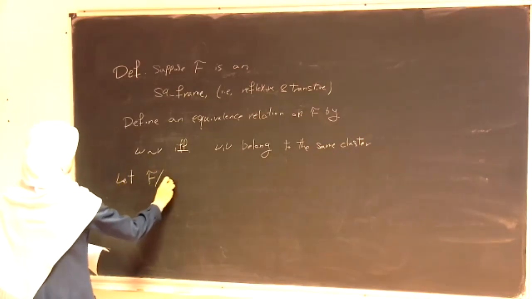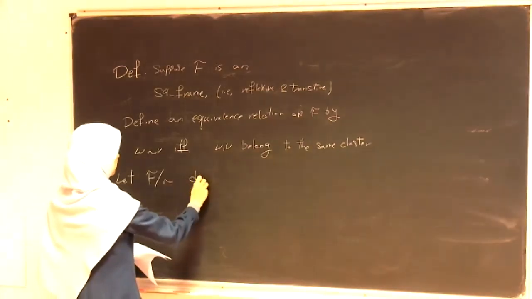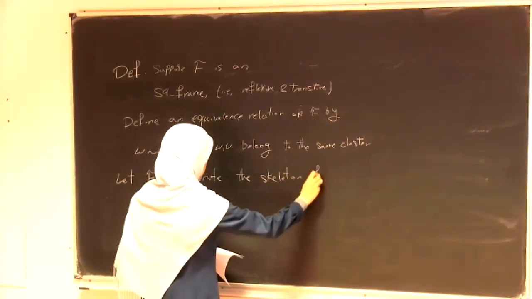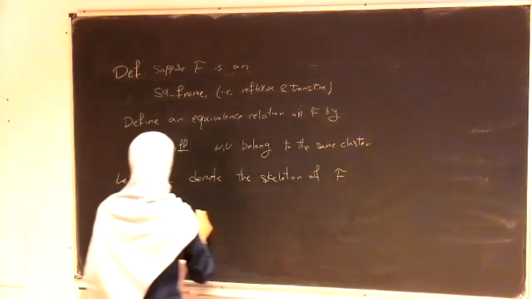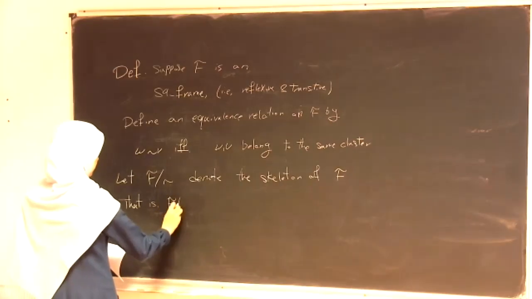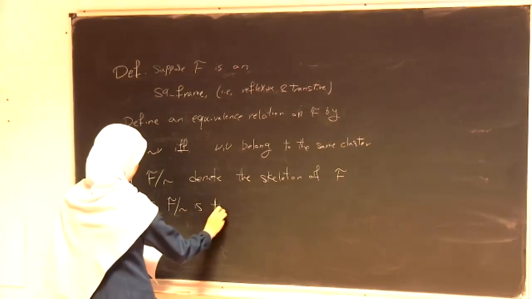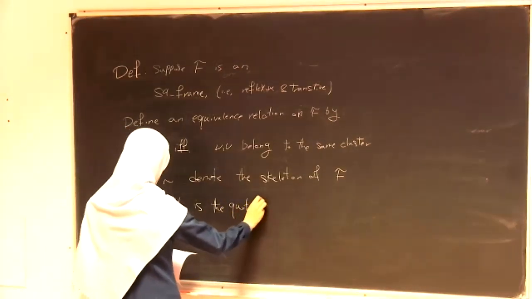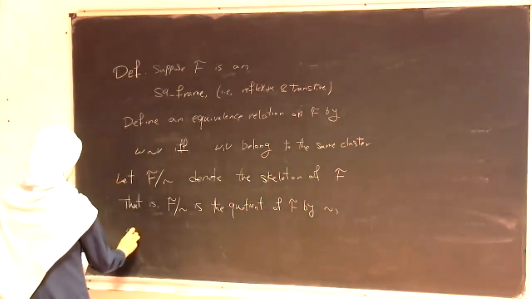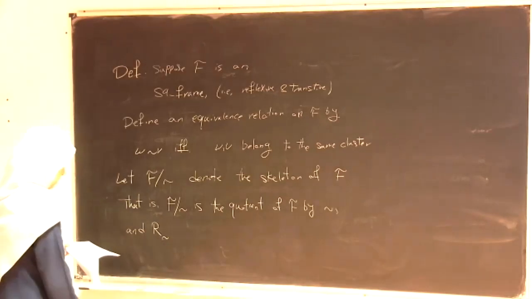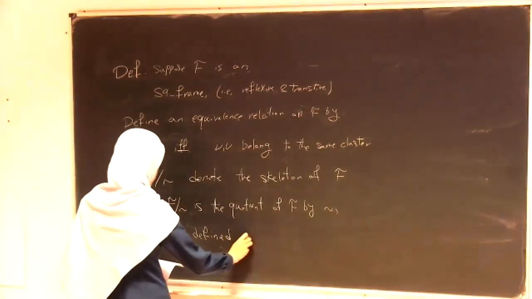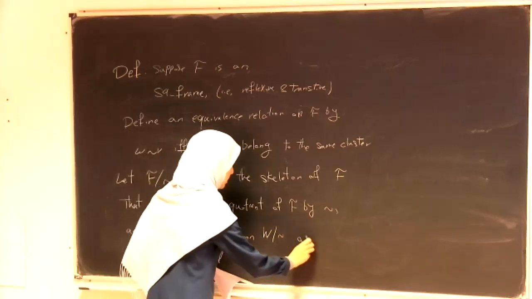And let F over this relation denote the skeleton, that is, F/~ is the quotient of F by this equivalence relation, and we can define a relation R in W/~ as follows.